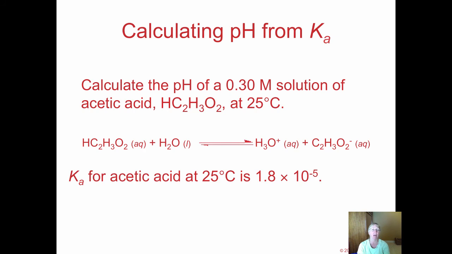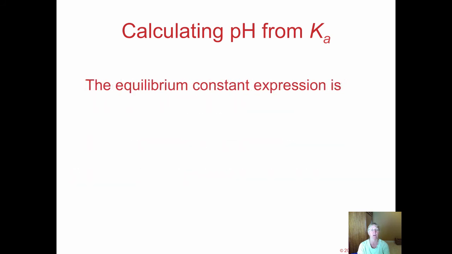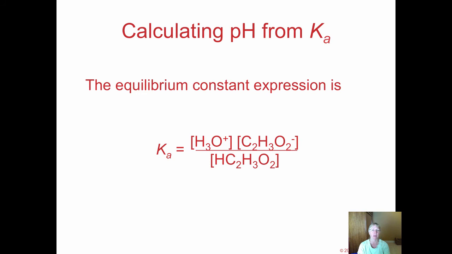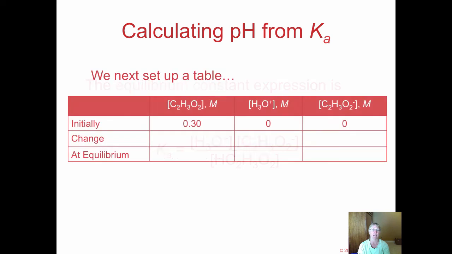You would either look up or be given a Ka, and there's a table in the back of the textbook with common Kas for common weak acids. So here is our expression, and the thing that we know is the Ka. What we don't know are the equilibrium concentrations of hydronium, acetate, and acetic acid.